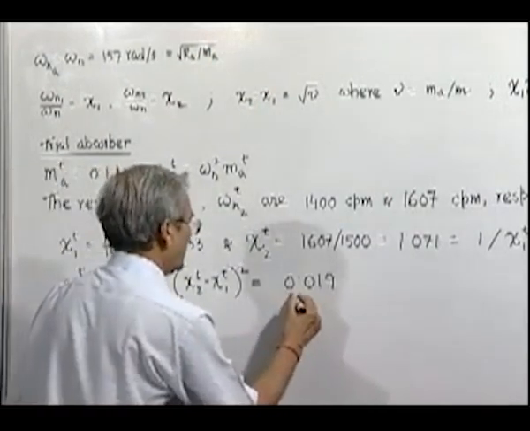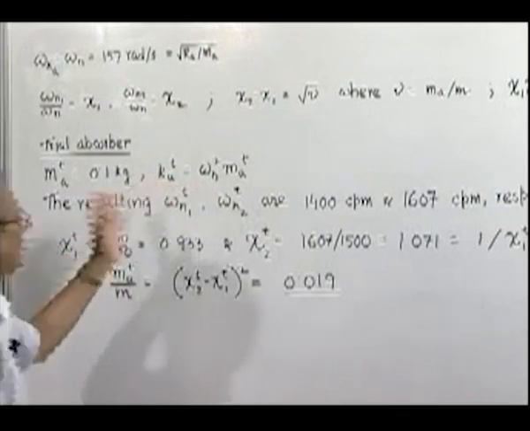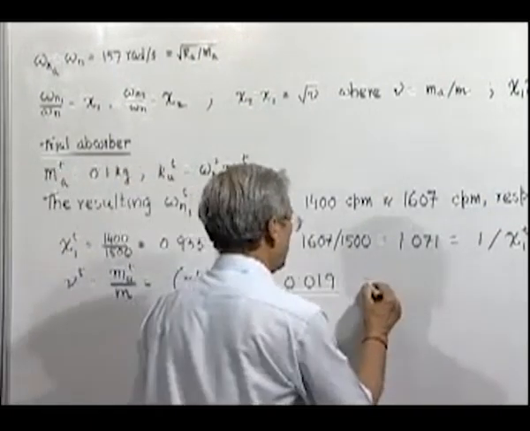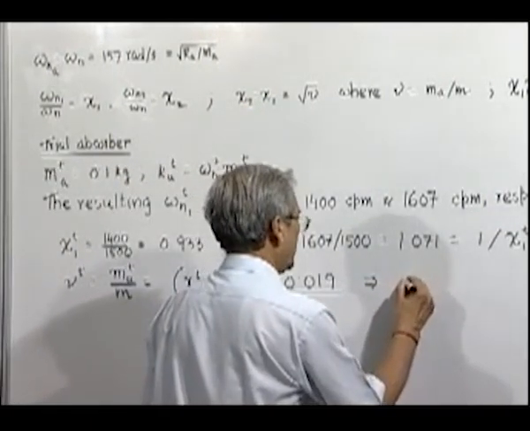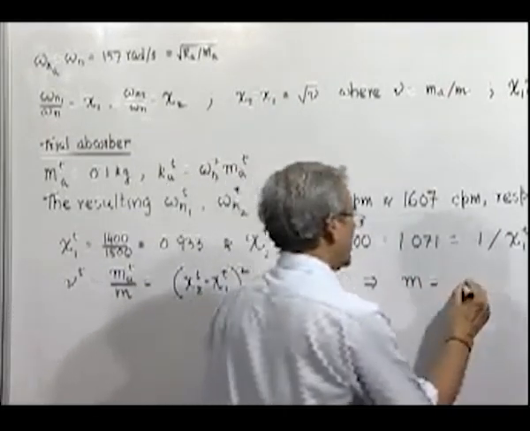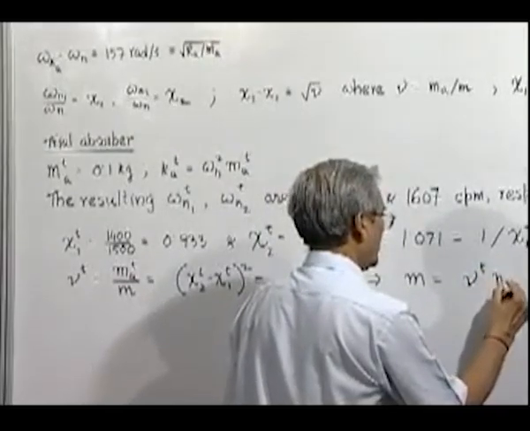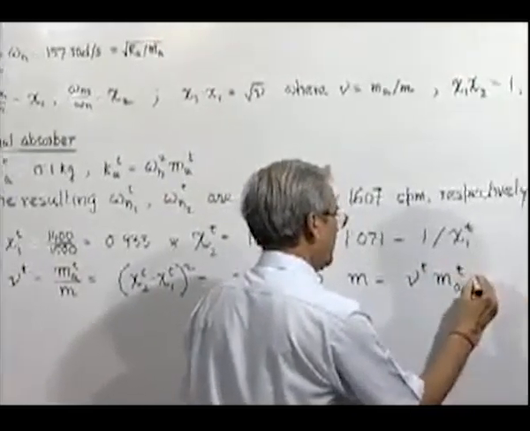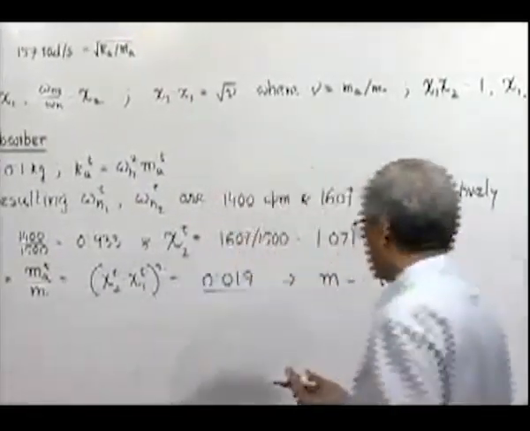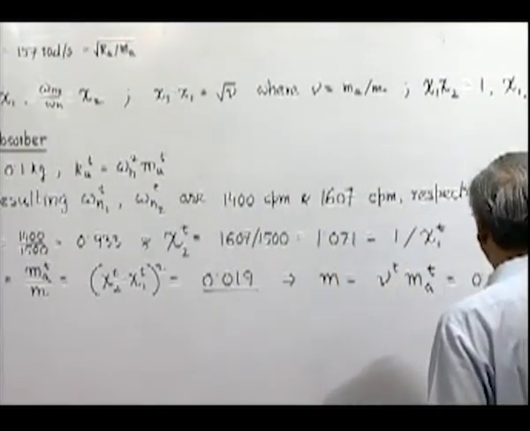So, we can definitely find out from this the value of your original mass. This can give us easily, because m of the original system is nu trial into m a trial. If necessary, you want to find out, we are not required to do it, but we can easily find out how much it is going to be.